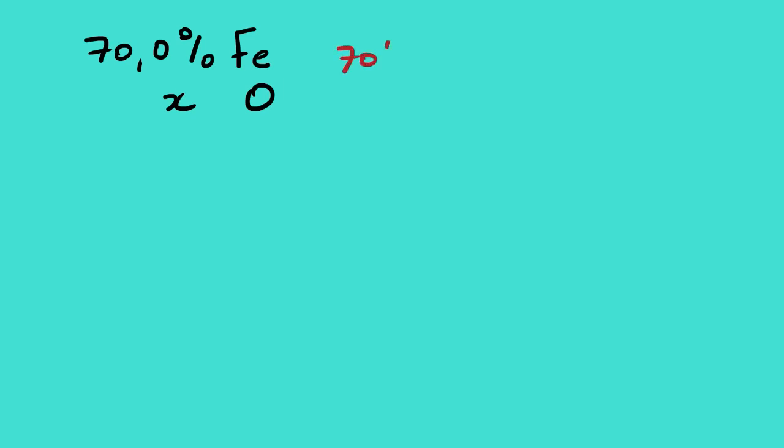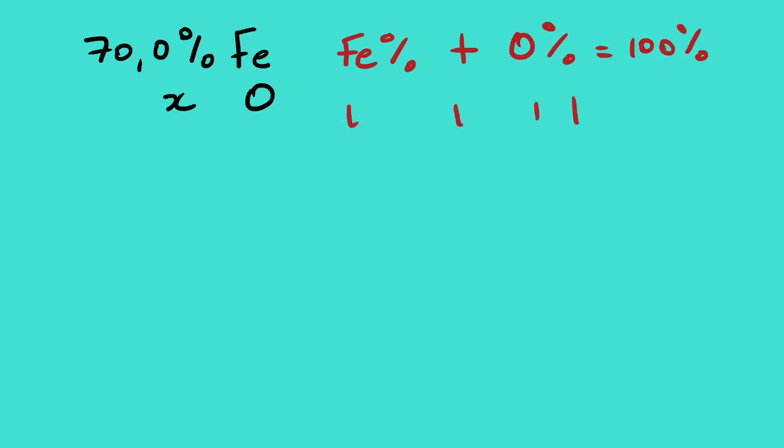So we start by calculating our mass percentage of oxygen. You should know that the mass percentage of iron plus the mass percentage of oxygen will give us 100%. If we have three elements and you're given two, you are going to have the sum of three elements adding up to 100%.